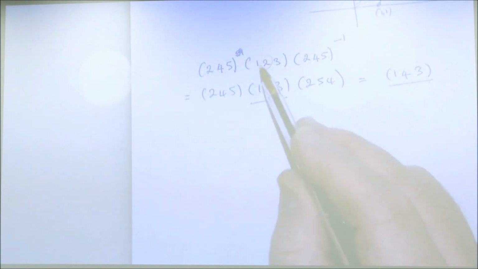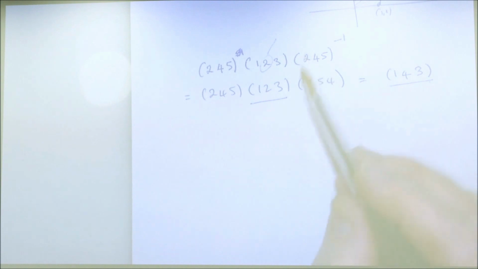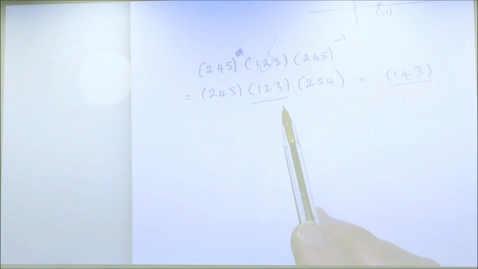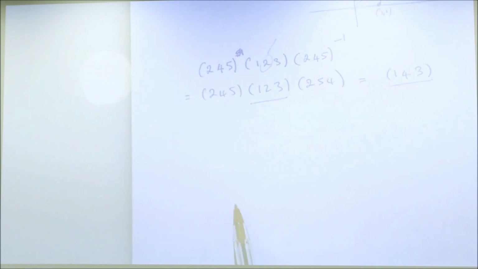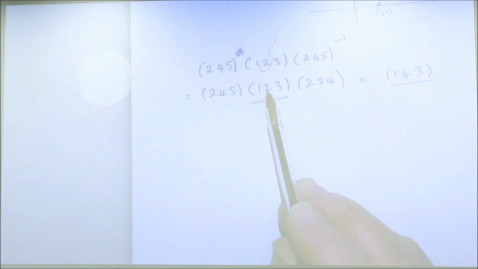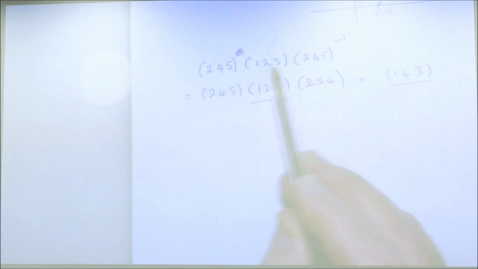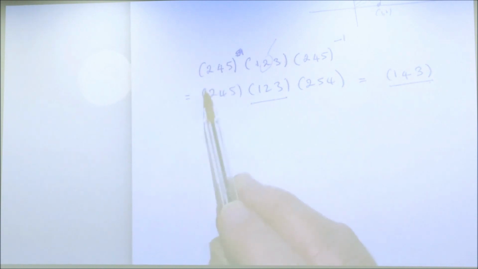1 has been fixed, 2 has been sent to 4, and 3 has been fixed. So what's happened is that it is as if I had taken these 3 elements and I had applied this to them.